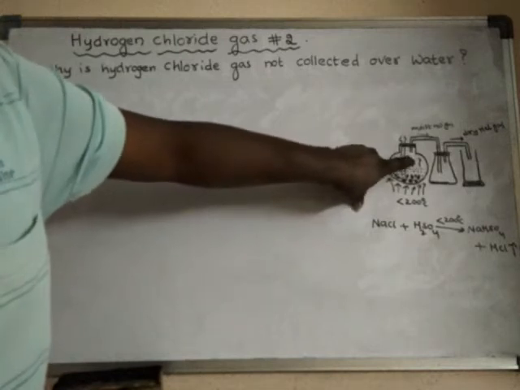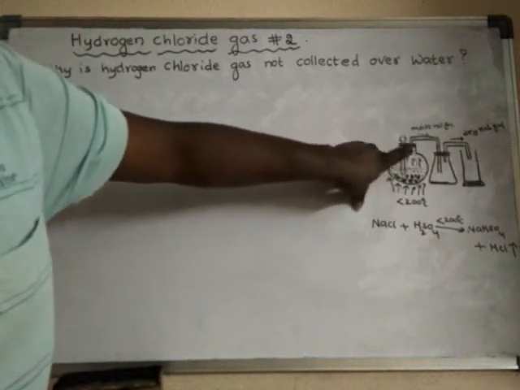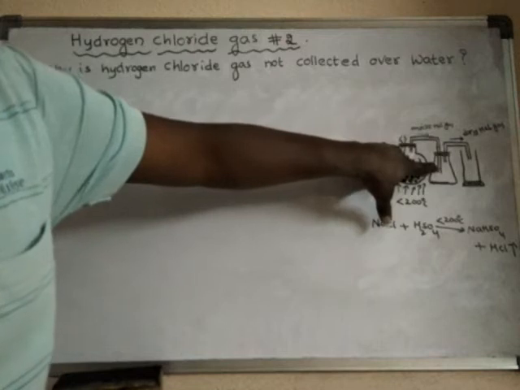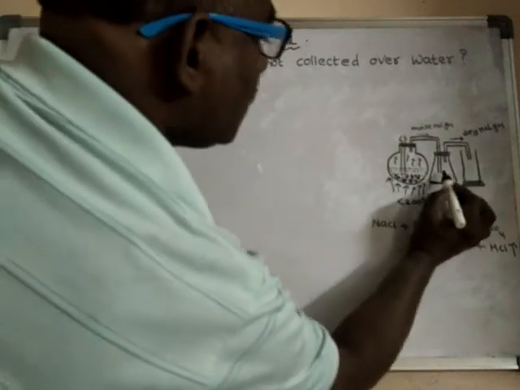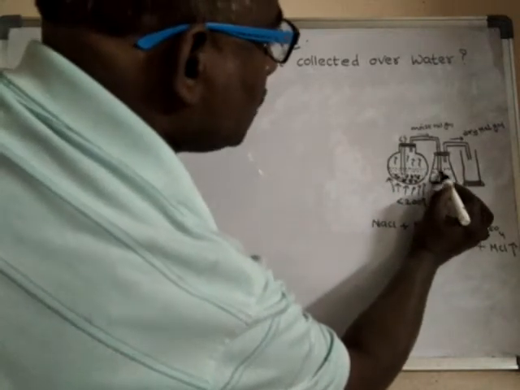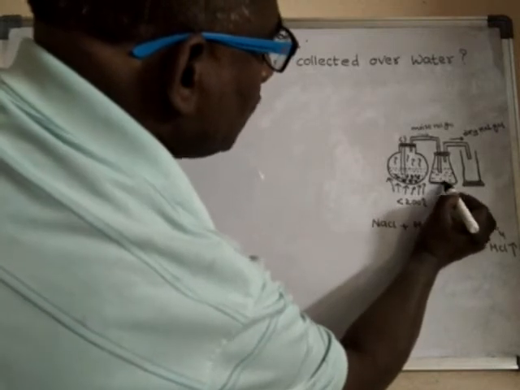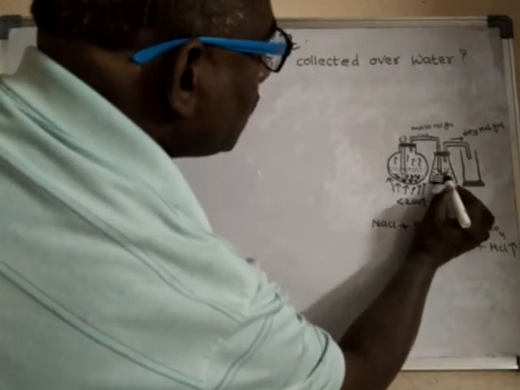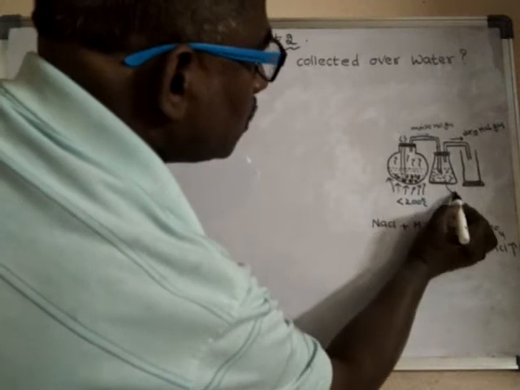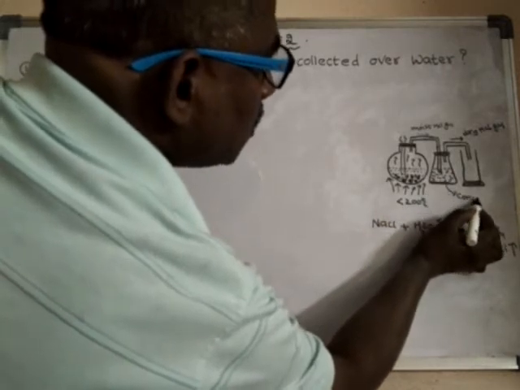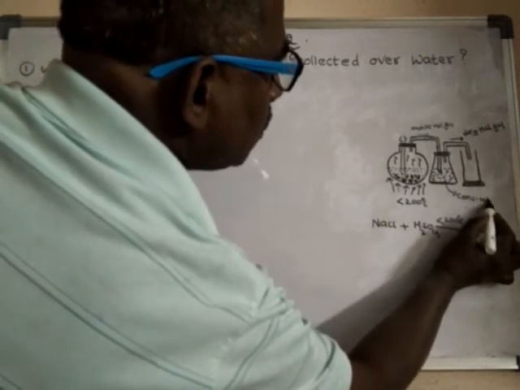That is why this gas is passed into another conical flask which contains concentrated sulfuric acid.